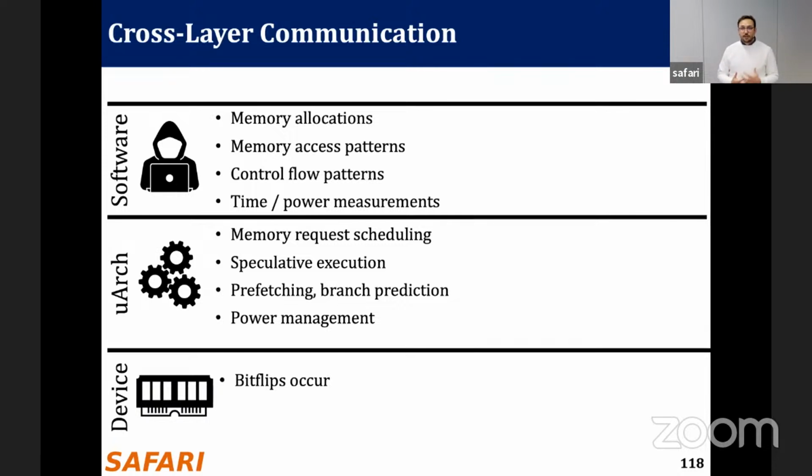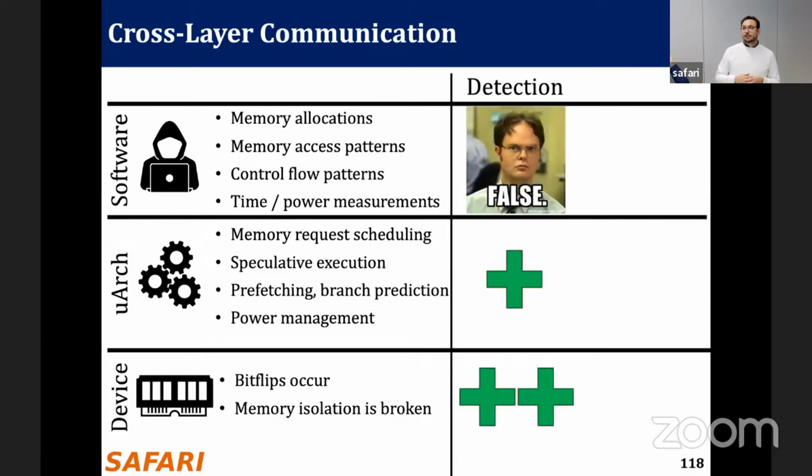That's what we have at this level, right? But unless we go down to the device level, we actually do not see the bitflips. Bitflips occur at the device level. They are not in the microarchitecture or software level, right? They just propagate back to have implications on those levels. And memory isolation is also broken at the device level. So we actually have the ground truth data about detection at the device level.